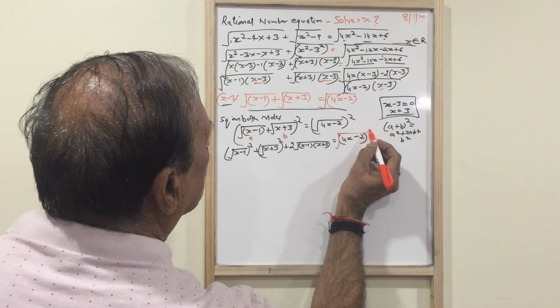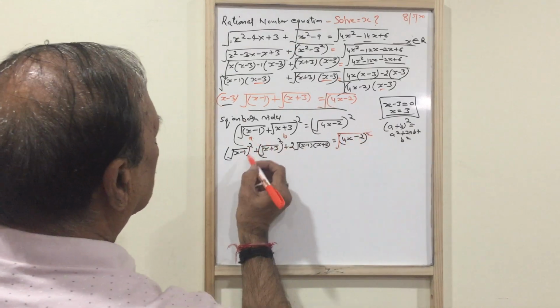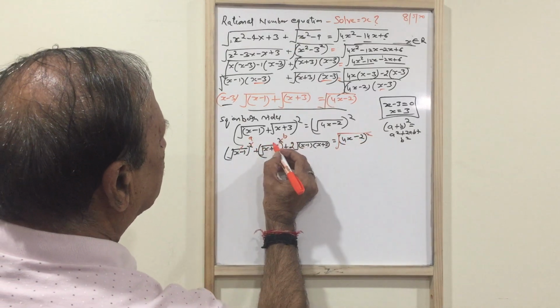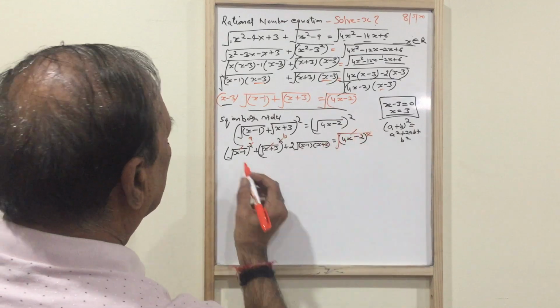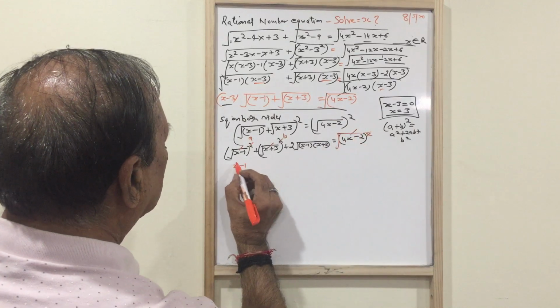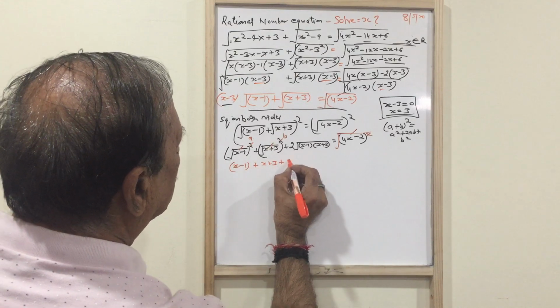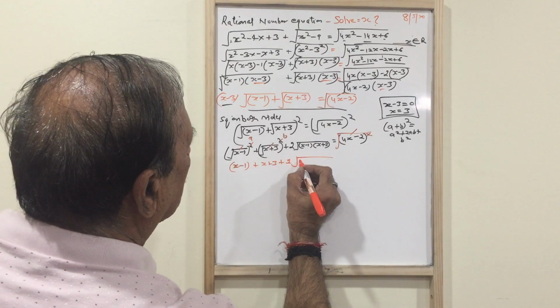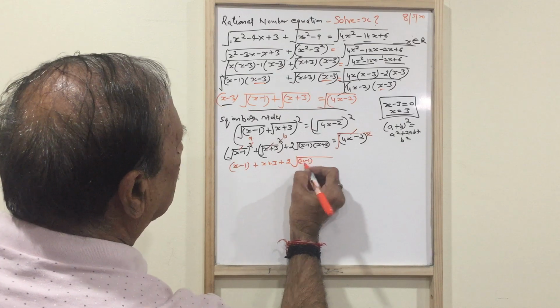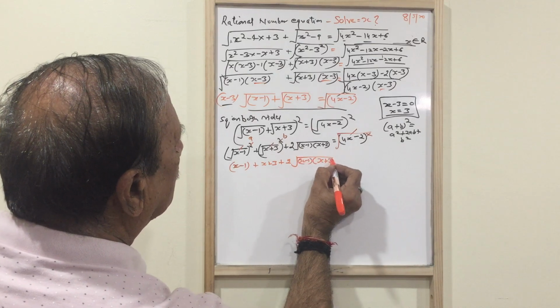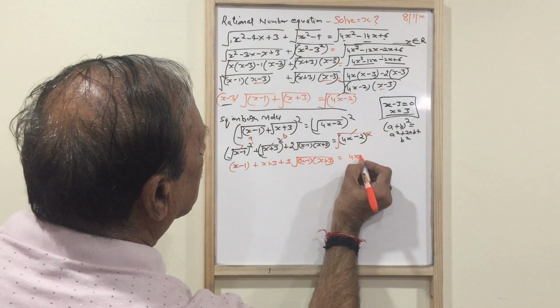So like that it is there. So this square gets cancelled. So here we are left with x minus 1 plus x plus 3 plus 2 root of (x minus 1)(x plus 3) is equal to 4x minus 2.